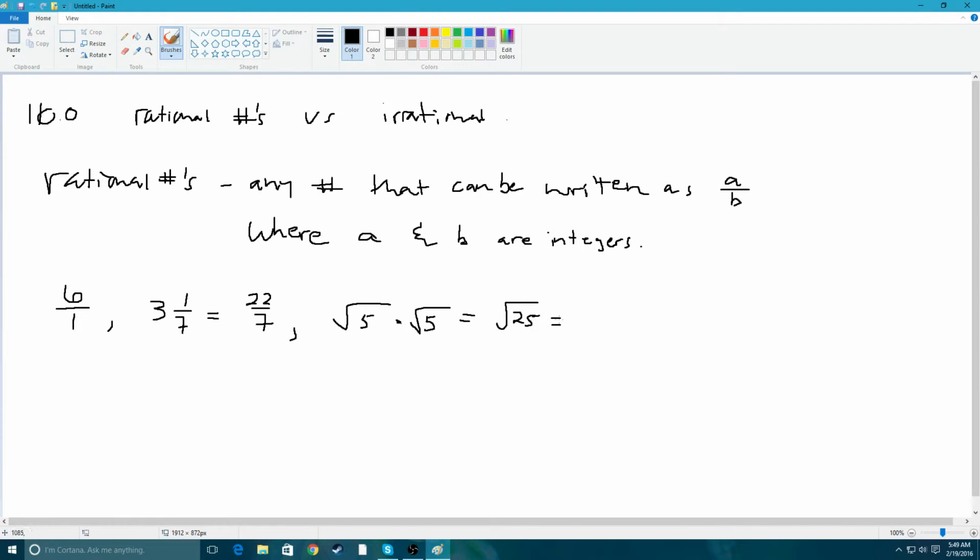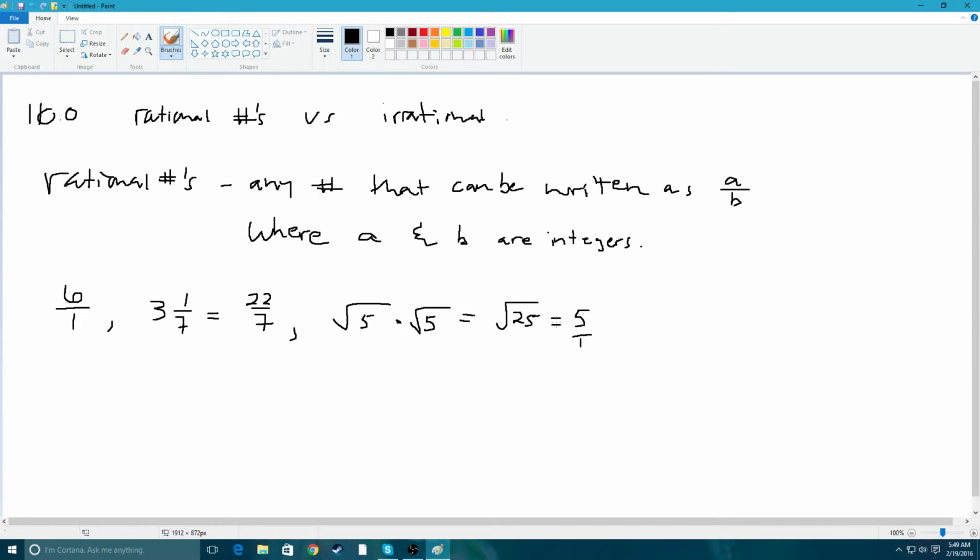And the square root of 25 is just 5. So even though our numbers start off as irrational numbers, like the square root of 5, when we multiply another irrational number, we could get a rational number, or a whole number. So those are rationals.